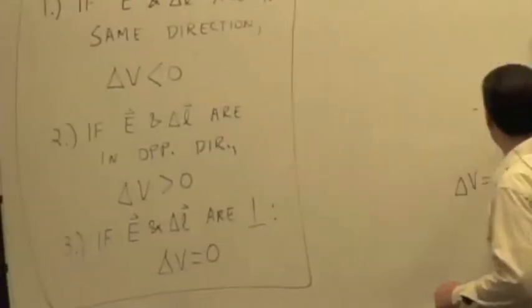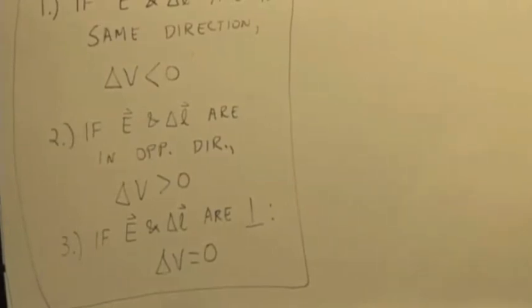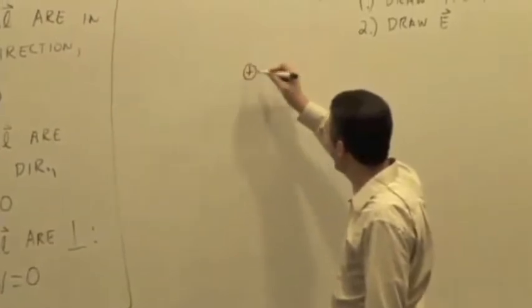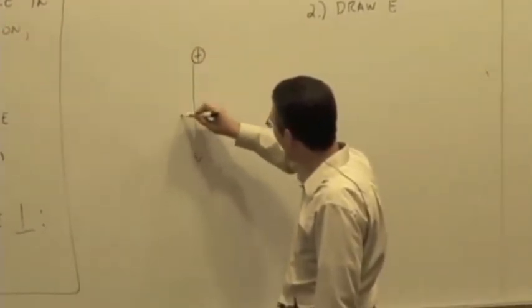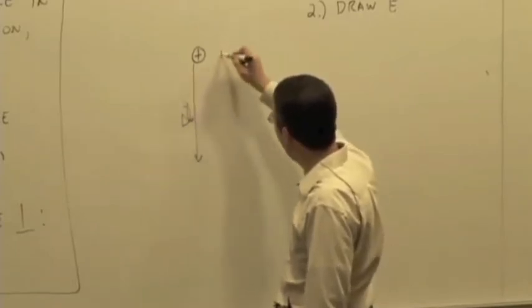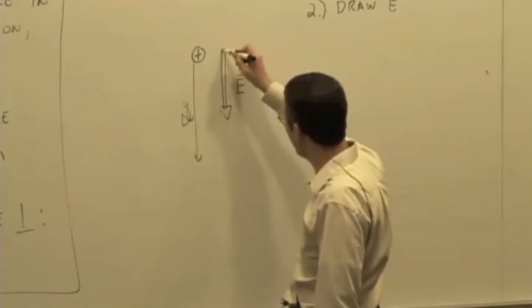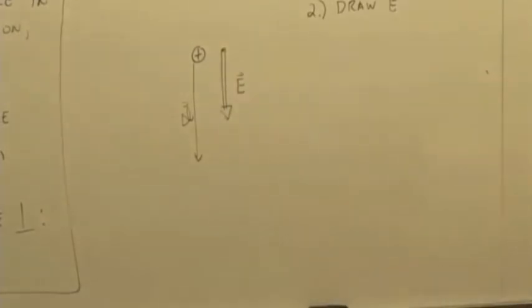Again, think back to the definition, where we're talking about potential energy per unit charge. Let's think about a positive charge. If I had a positive charge that moved along this path and the electric field was in that direction, what would happen to the kinetic energy of the proton?